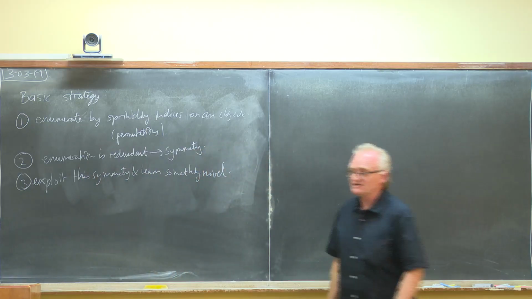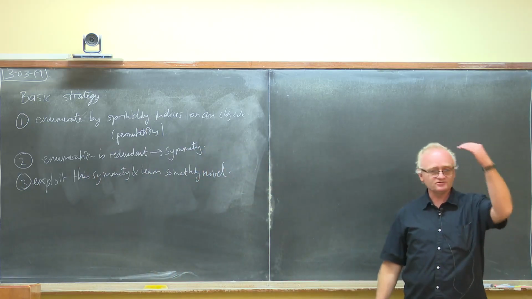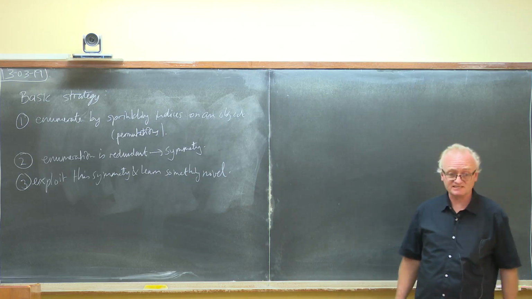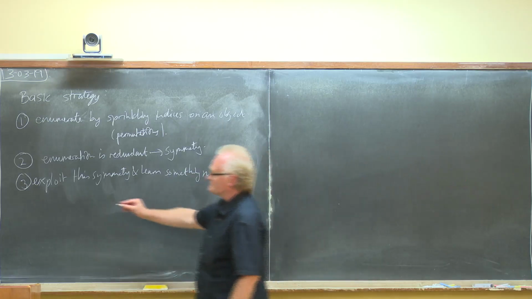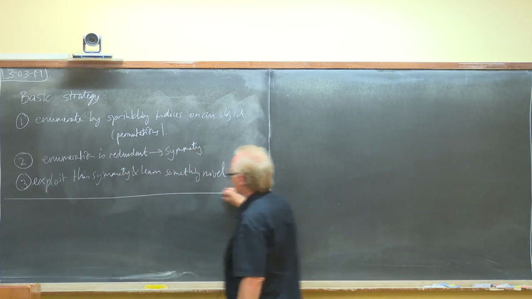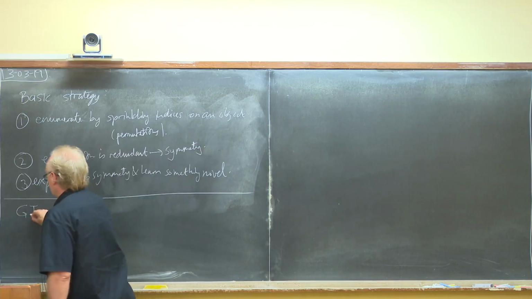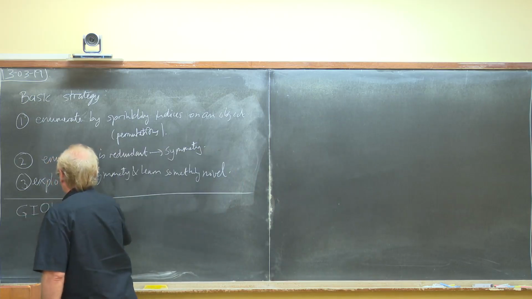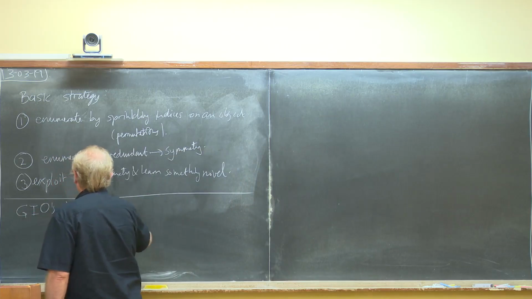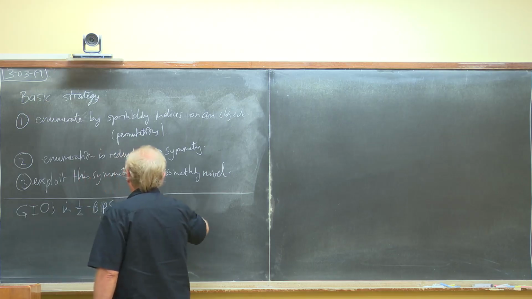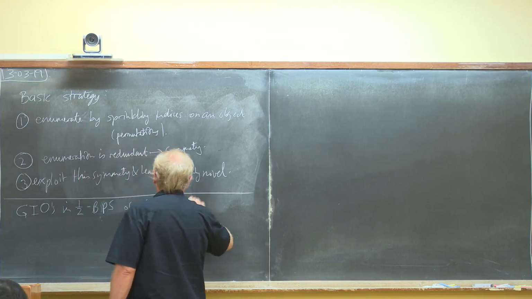That's going to be the basic strategy, and I'm going to try to show it to you working again and again in examples of slightly increasing complexity. The first example that I want to look at is gauge invariant operators in the half BPS sector of N equals 4 super Yang-Mills.